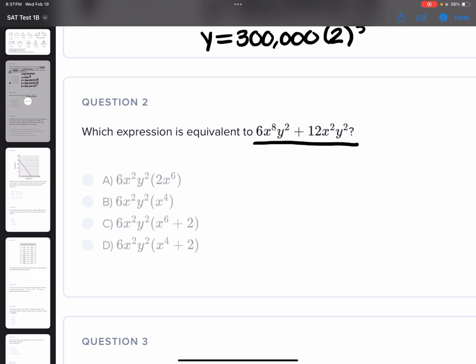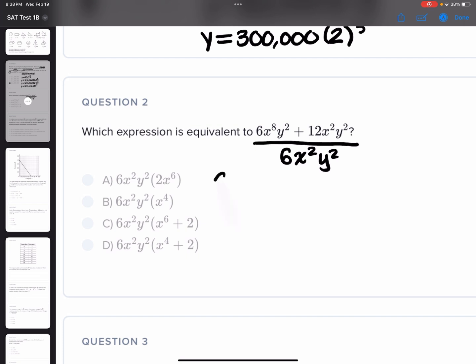Okay, so let's factor this out. Let's divide all of this by 6x squared y squared. Okay, so since this is an addition of the polynomials, we can just treat them as 2 separate things, right?